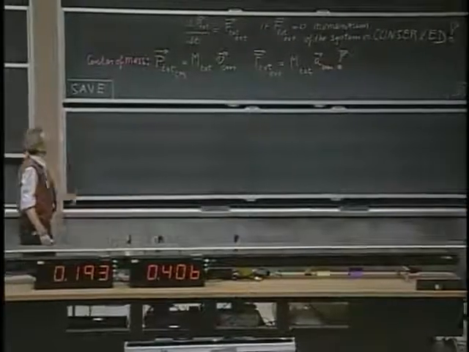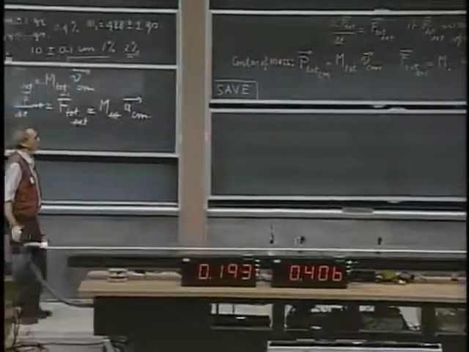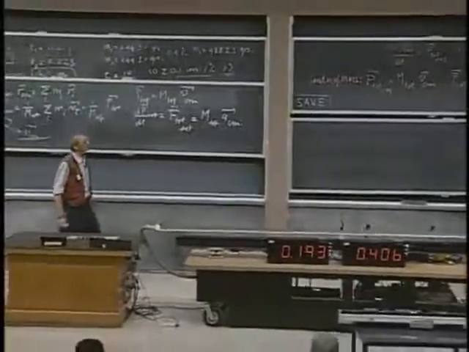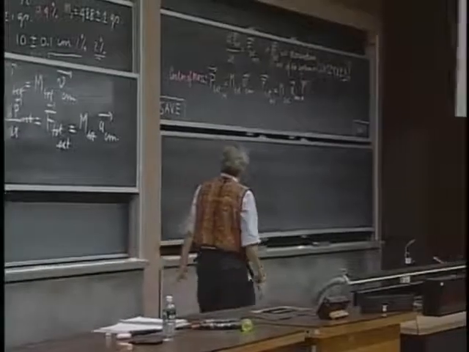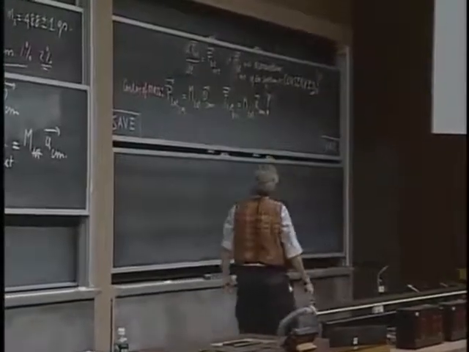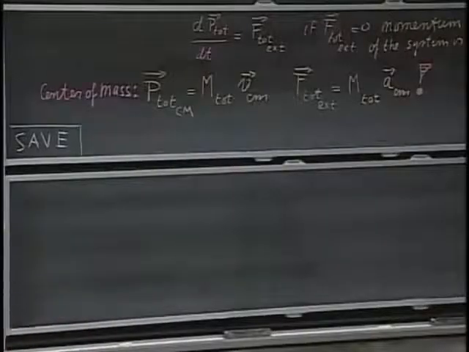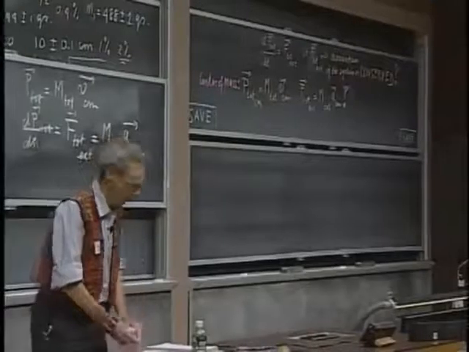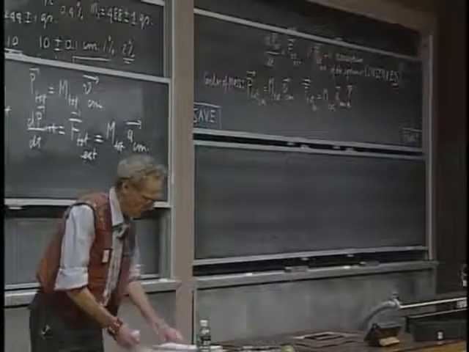And you take the derivative of that equation, and you get F equals ma. And that means if the external force is 0, you can go back to the upper line again. If the external total force is 0, then the momentum of the system is conserved, and so the center of mass will then keep its velocity unchanged.